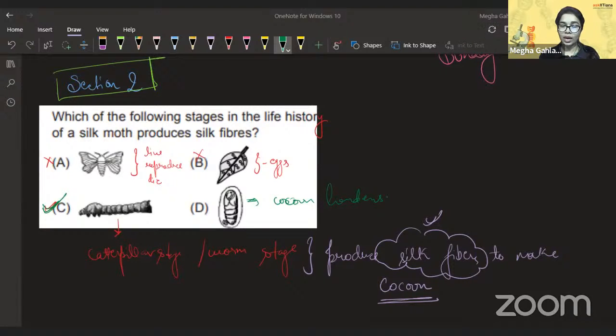So that is one thing which is pretty easy for you guys to go ahead with, right? And then we have the rest of the questions as well. So I'm going to give you the example of another question, and then we are going to move ahead with the achievers section, which is the higher order thinking questions, right?